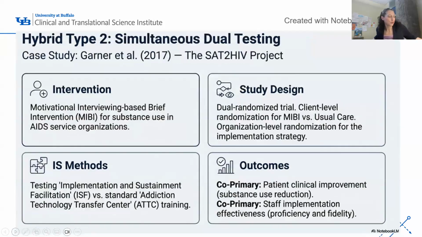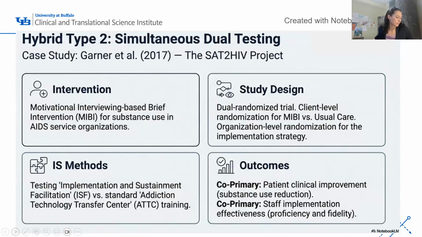For a hybrid type 2, this study was really looking at implementation of, where is it? I lost it. A motivational interviewing brief intervention for substance use within AIDS services organizations.